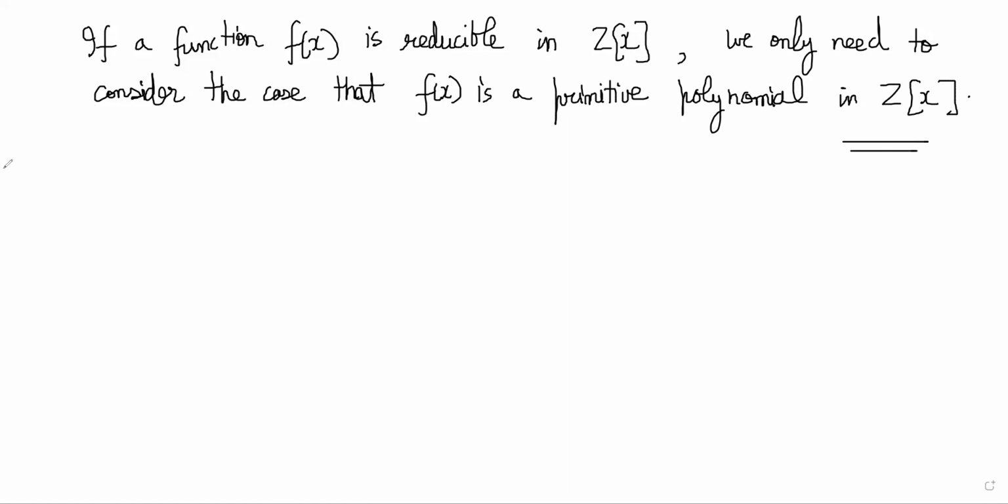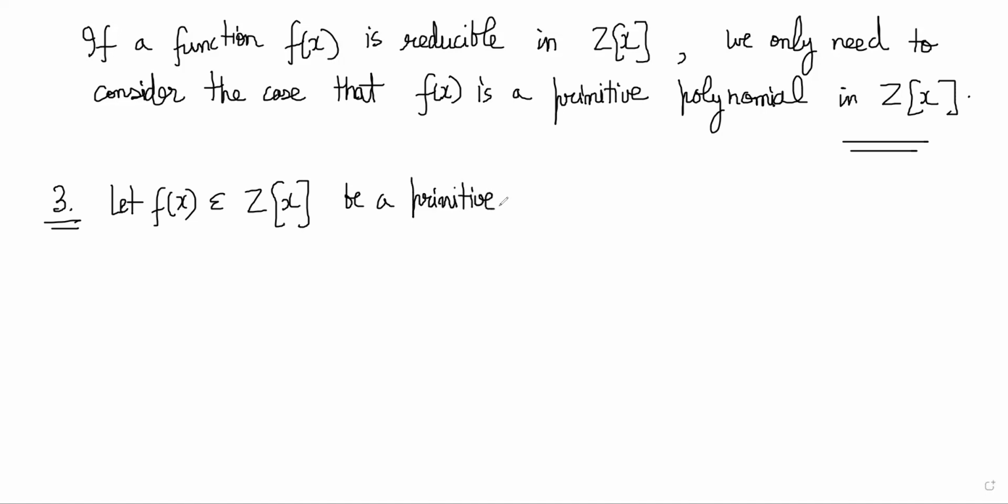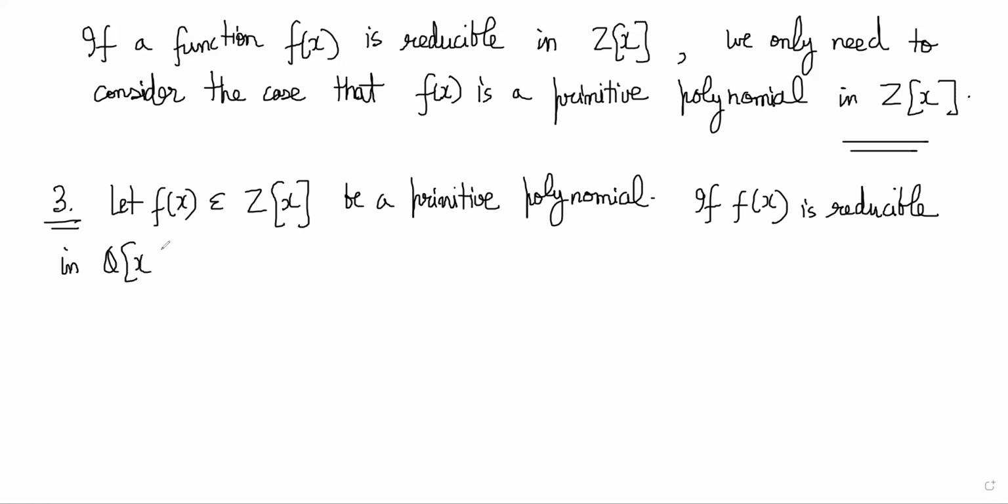So let's look at the third property. Let f of x be a polynomial belonging to the set Z of x, and f of x be a primitive polynomial. So what is a primitive polynomial? It is a polynomial where all the coefficients have GCD 1. If f of x is reducible in Q of x, what do I mean by reducible?